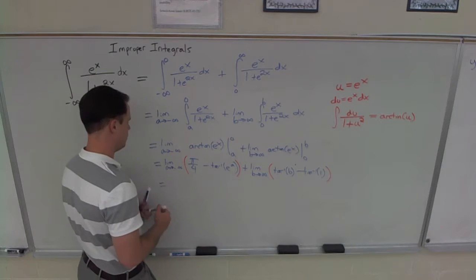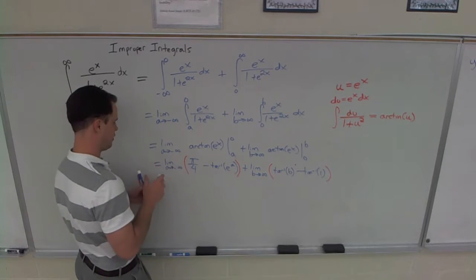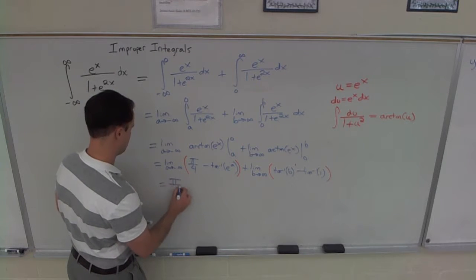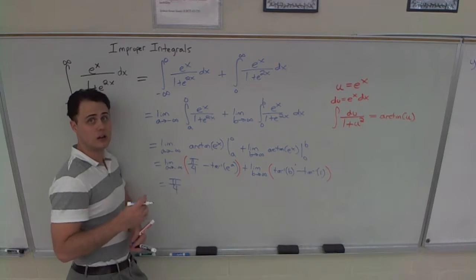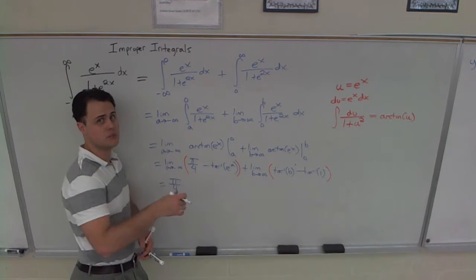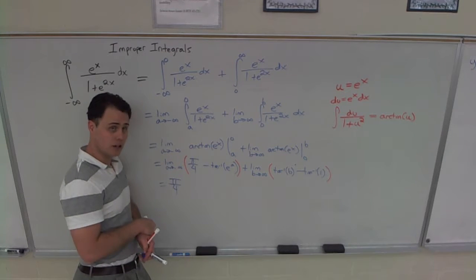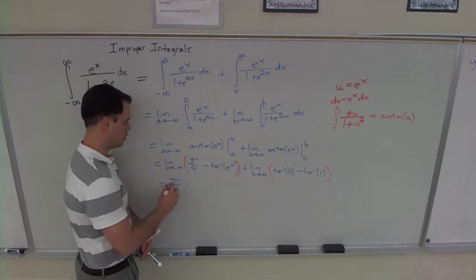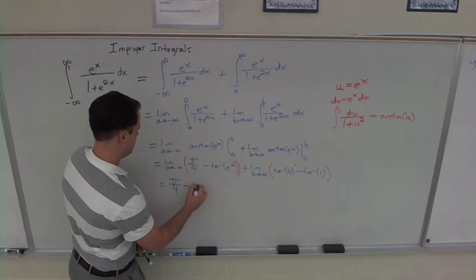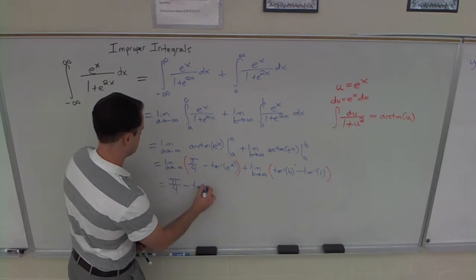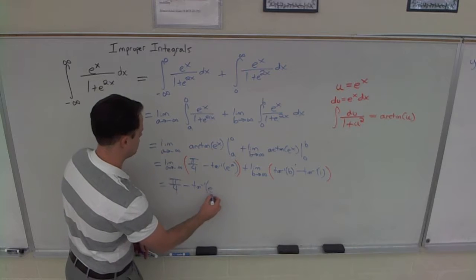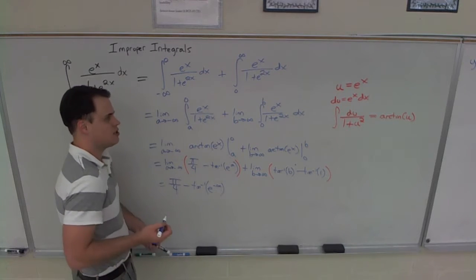So now we're going to actually do the limits. So this limit doesn't affect that pi over 4 at all, so that pi over 4 is coming out here because it doesn't have an a on it at all, right? It's just pi over 4 every time as we approach negative infinity. And then over here we have minus basically the inverse tangent, let's just plug it in, of e to the negative infinity. So what's that going to be like?